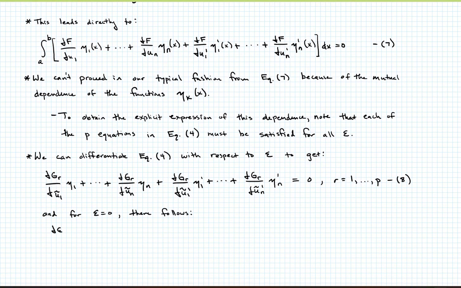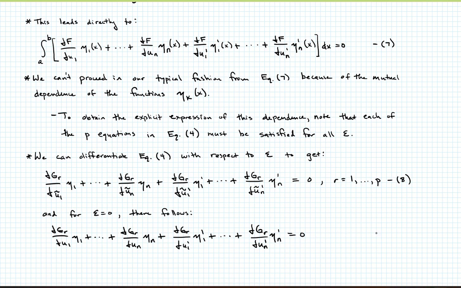We have partial GR with respect to U1 times a to 1, plus dot dot dot plus partial of GR with respect to UN times a to n, plus partial of GR with respect to U1 prime times a to 1 prime, plus dot dot dot plus the partial of GR with respect to UN prime times a to n prime equals 0. We'll call that equation 9. Again, r goes from 1 to p.